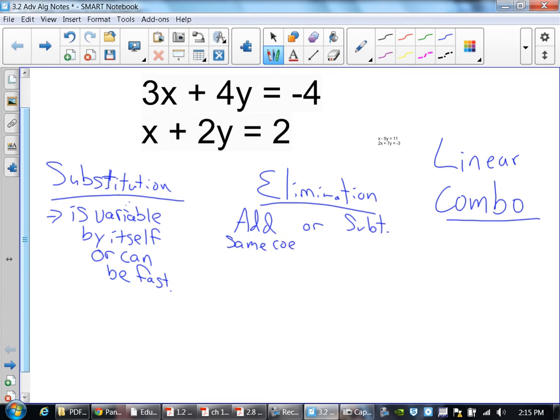What's coefficient again? Yeah, the number before. Same coefficient with opposite signs. So for example, see how it's 3x and negative 3x? If I add those two equations together, the x's go away, and I'm just left with y. Does that make sense? That's the scenario where I would use addition.